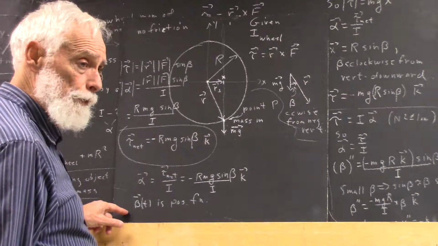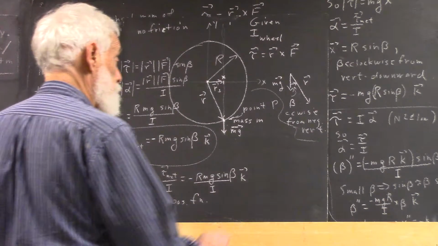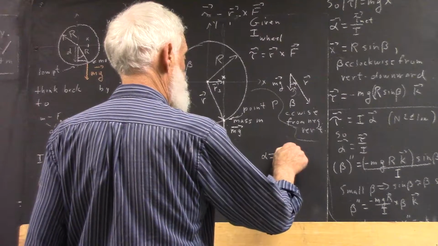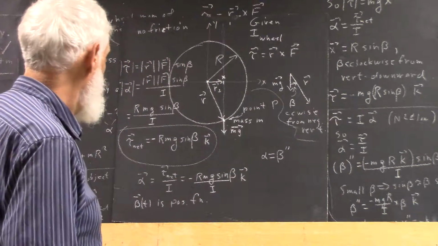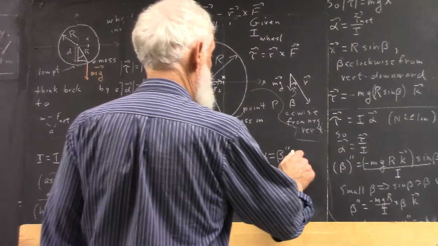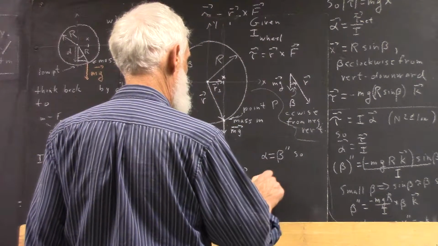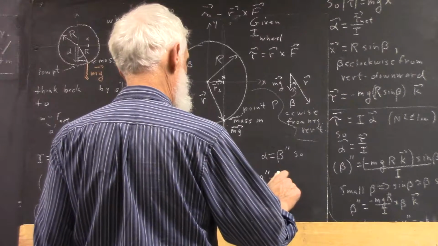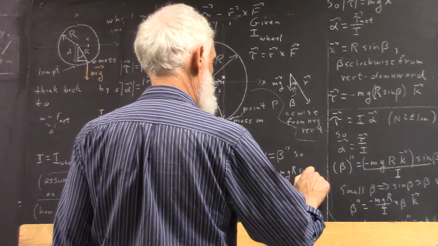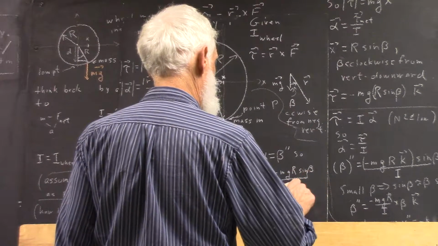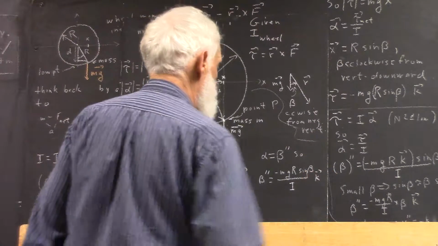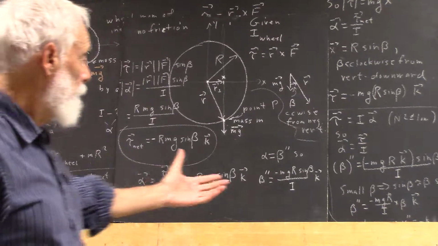Also, alpha is the second derivative of your beta function, the second derivative with respect to time of your position function. So this equation becomes this, and that's multiplied by our k vector.